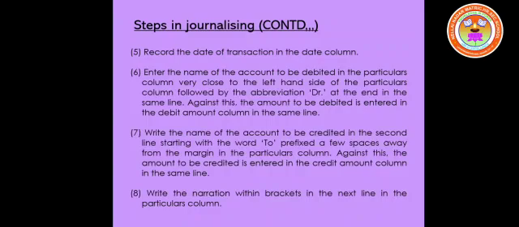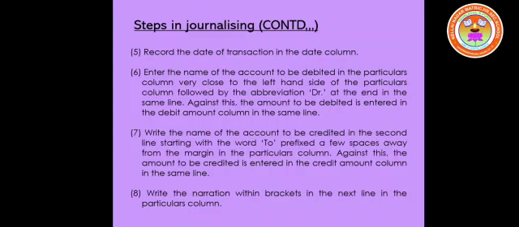Then the amount to be debited is entered in the debit amount column in the same line. Under debit amount column, you should write the amount of the particular transaction.